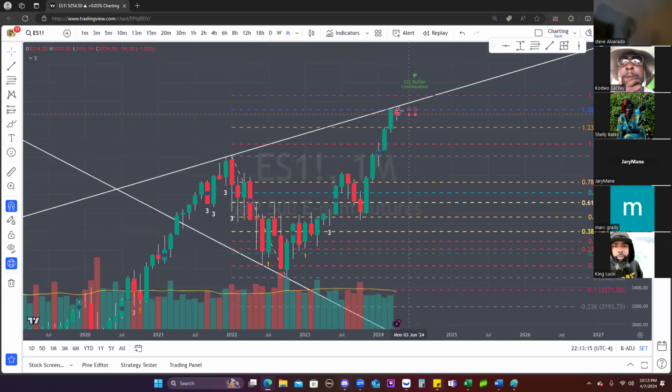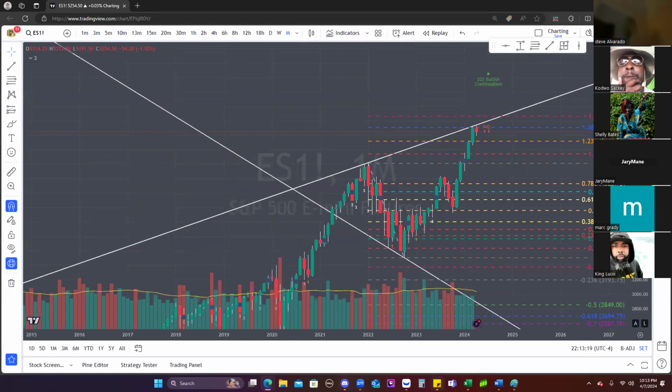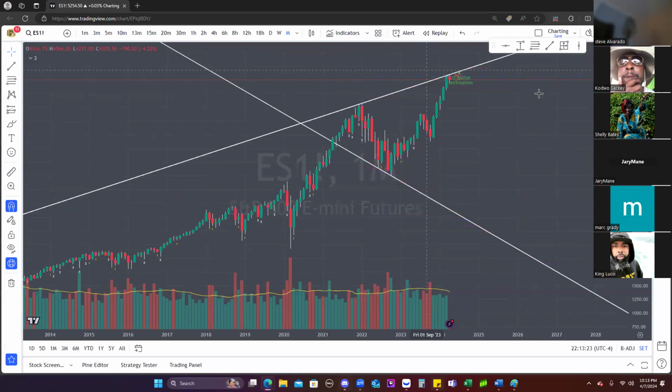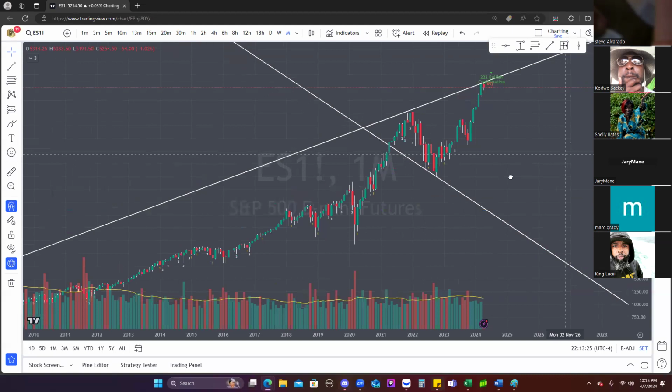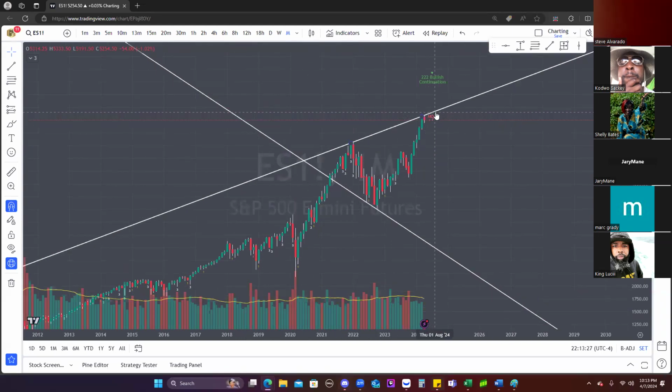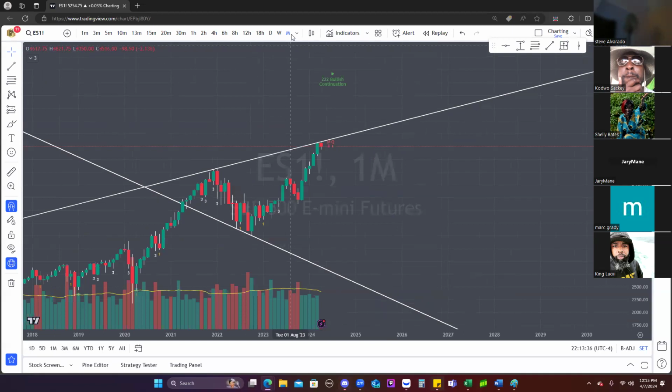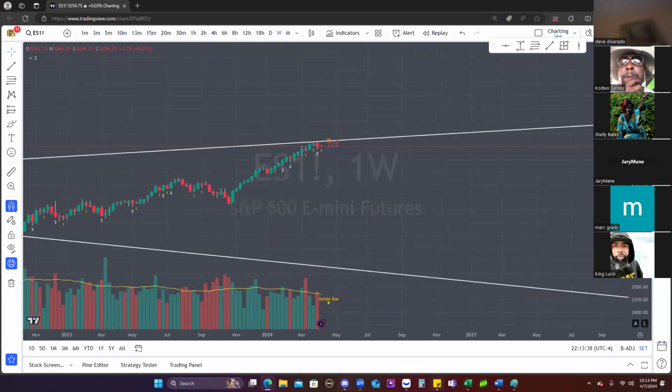So we should get a nice tiny reversal, but again, we're still in an uptrend. Zoom out and see the picture. Do not think you're going to be the smart one who's going to catch the black swan events and carry it all the way from this broadening formation to this broadening formation in one trade. That's not happening. Let that pipe dream go. But we can position ourselves for this upcoming week.